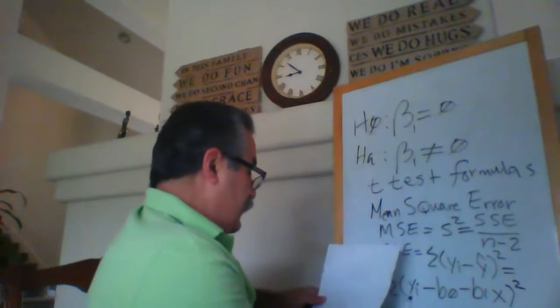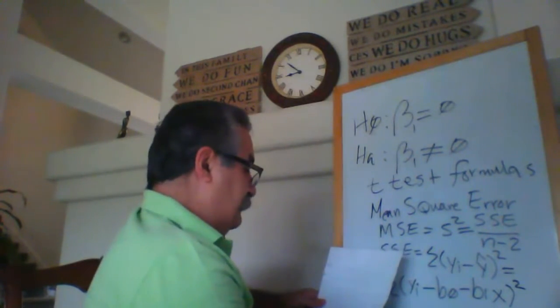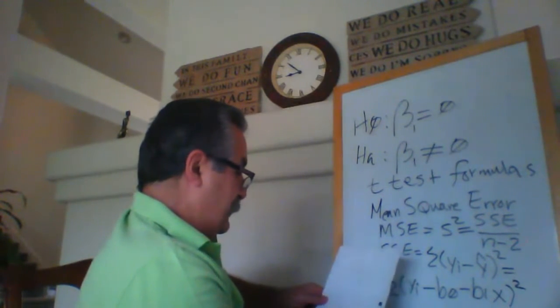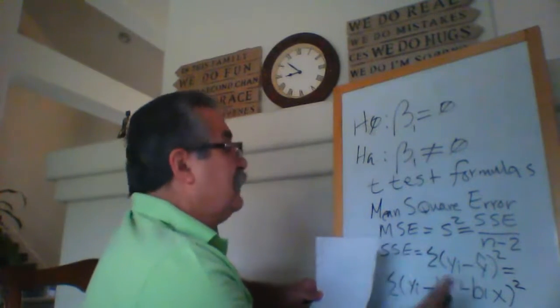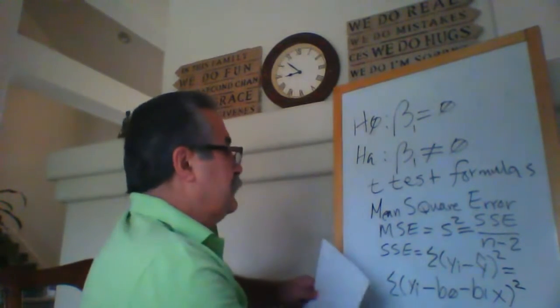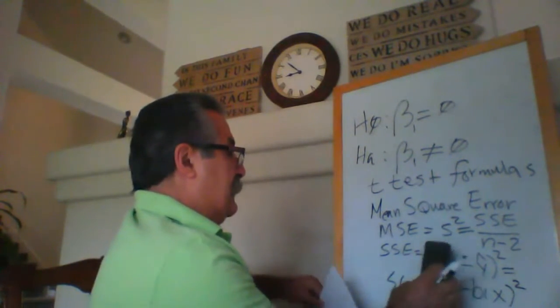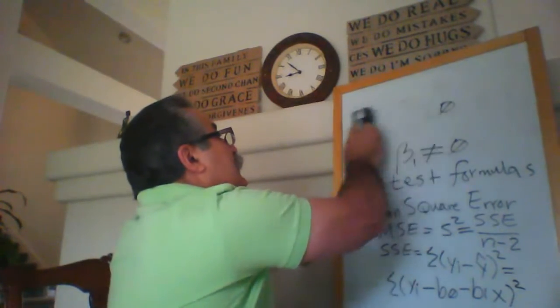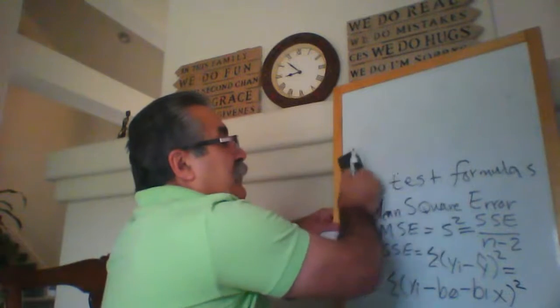And then in order to find s, which is a square root of s squared, we'll go ahead and continue on with those formulas.